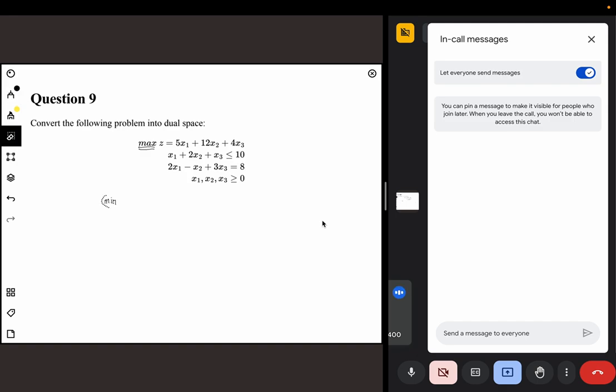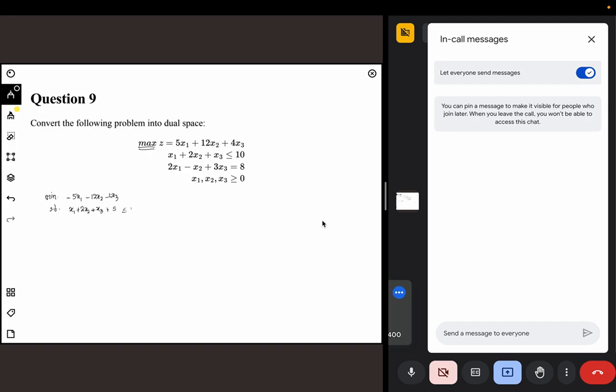or even before that, let me put one more thing. In our standard form, what is the form that we have? Everything is equalities, right? In the primal form. If you convert the above equation into primal form, how would it be? Yeah, minimize minus 5x1 minus 12x2 minus 4x3 subject to x1 plus 2x2 plus x3 plus some slack variable less than or, sorry.